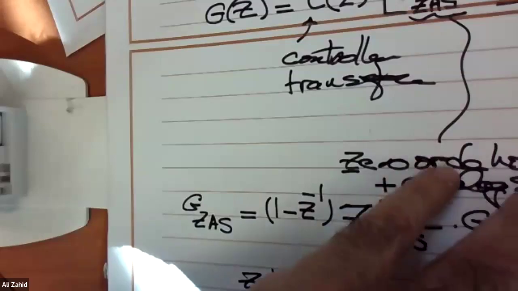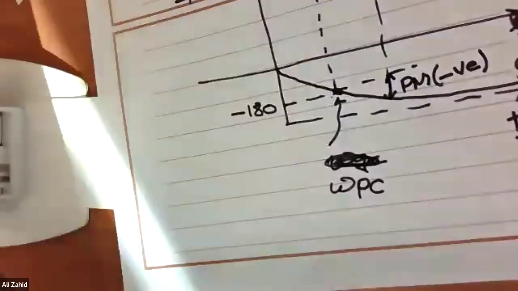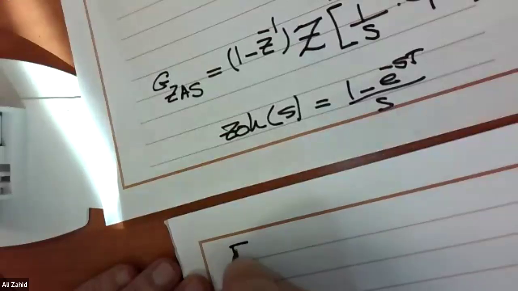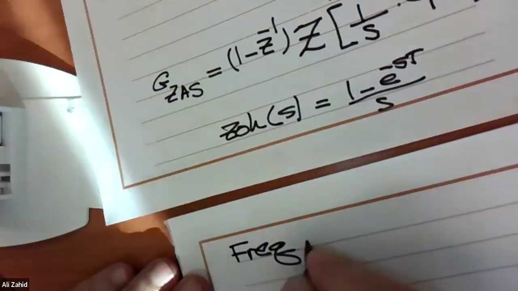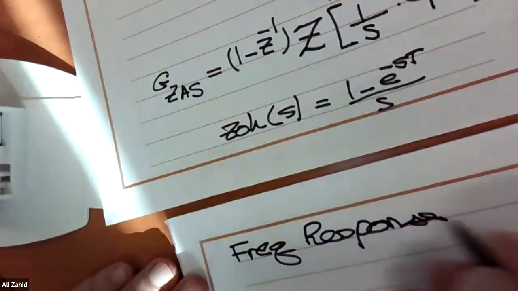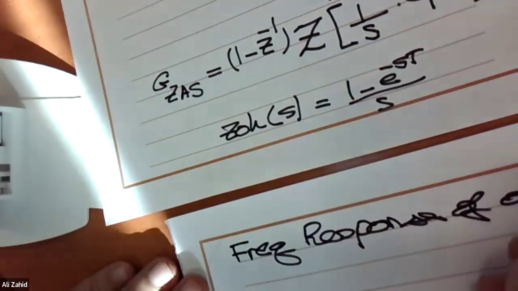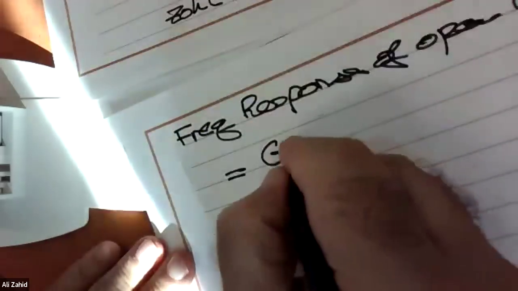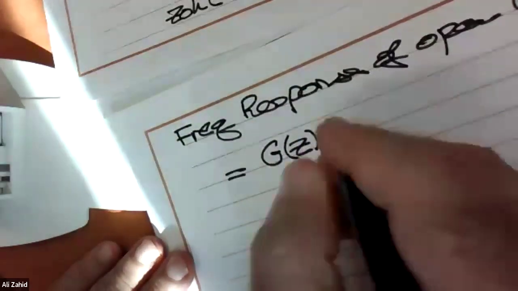Did you get it? Yes. Now, what is the frequency response then? The open loop is what? Same idea as before. You just replace Z with J omega, right?